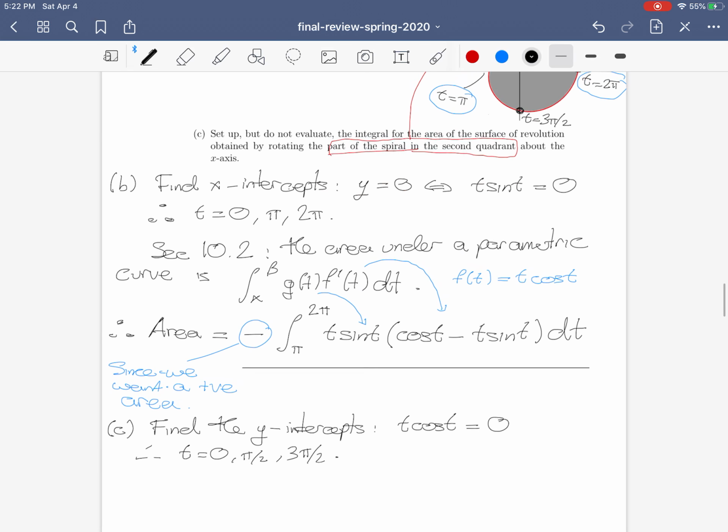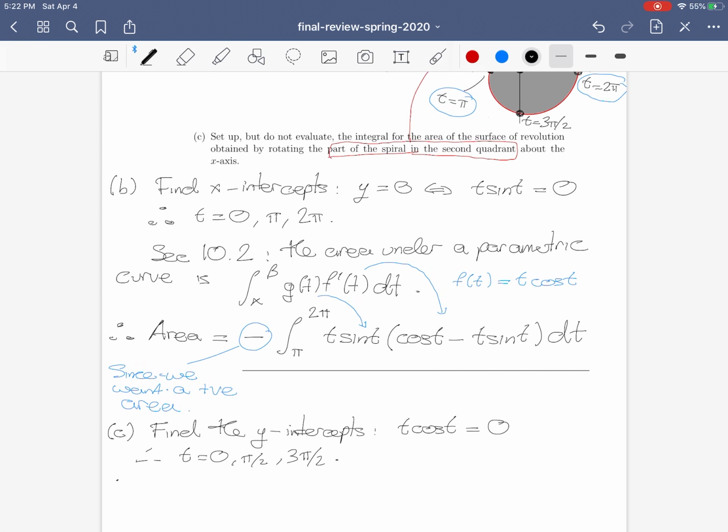Okay, so again, we go back to section 10.2.